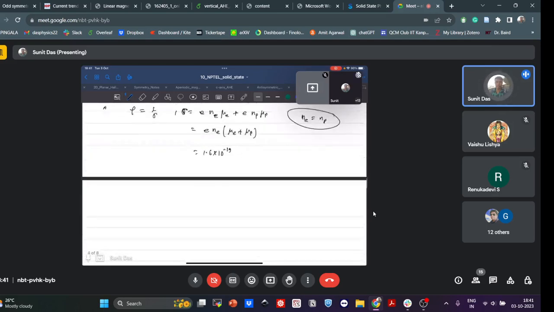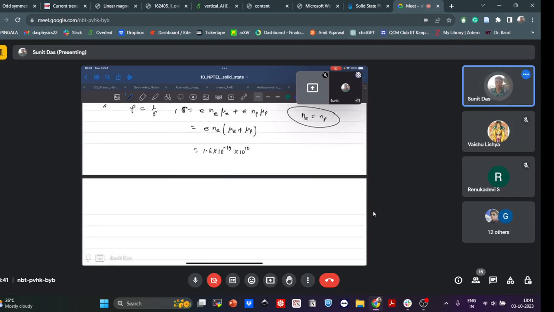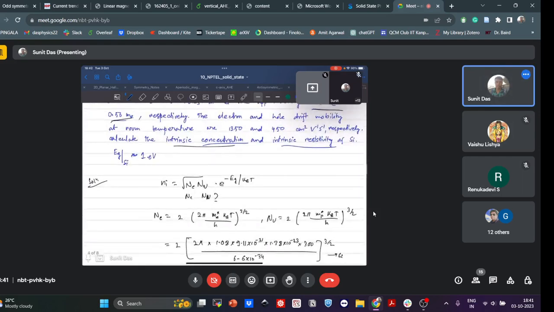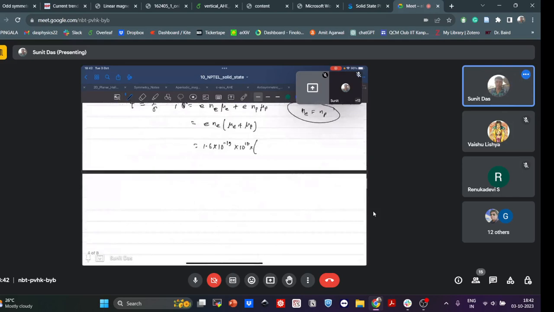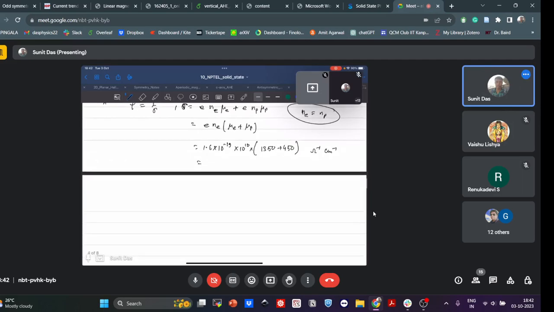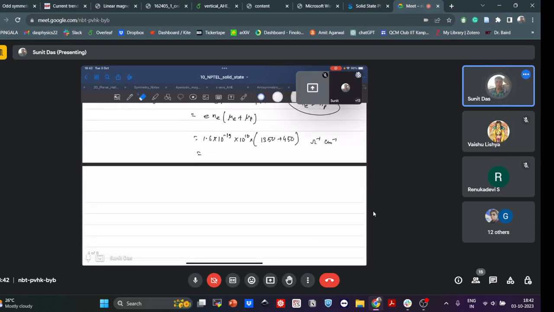Intrinsic concentration we just found out, 10 to the power 10, and then the mobilities, 1350 and 450. This will have the unit of ohm inverse, siemens. Okay, let it be.